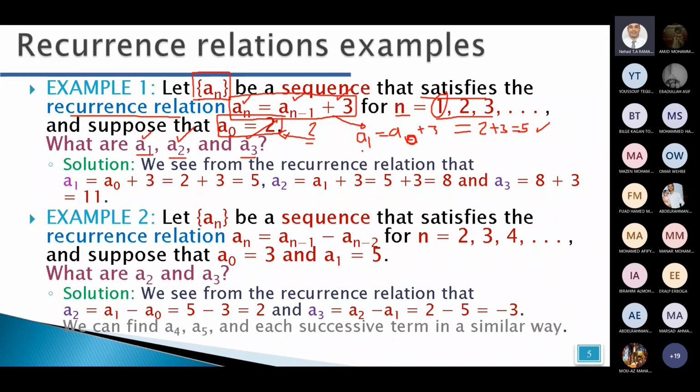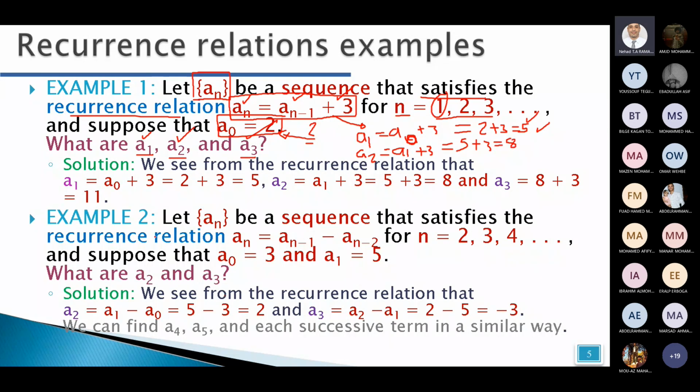Same way you can get term a2. Each term is the previous term plus 3. So a2 is a1 plus 3. A1 we already calculated, which is 5, then plus 3 equals 8.